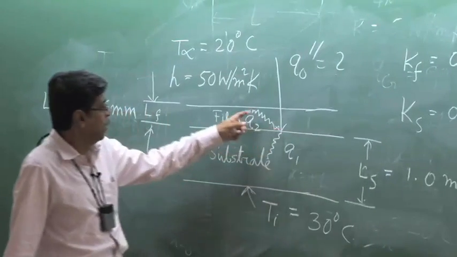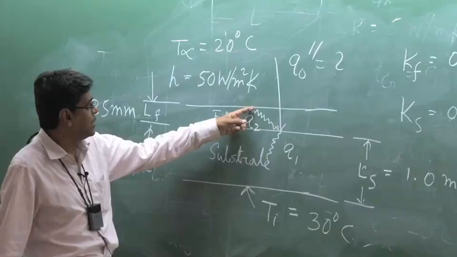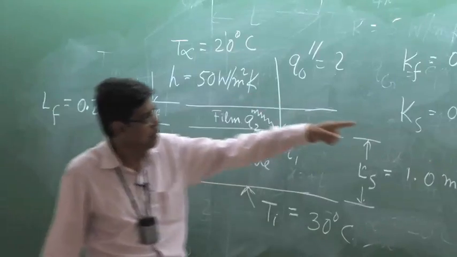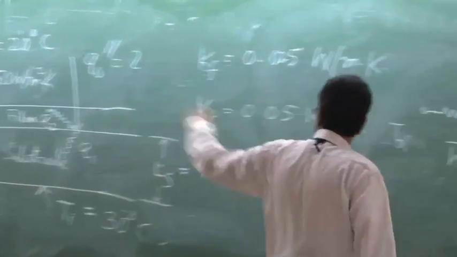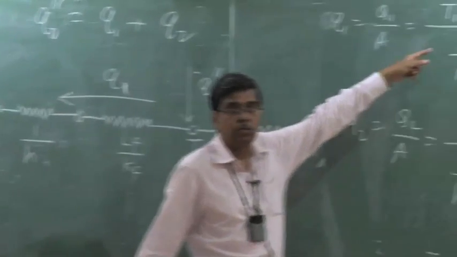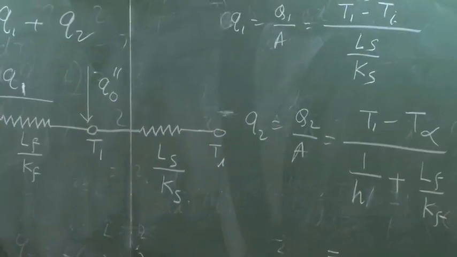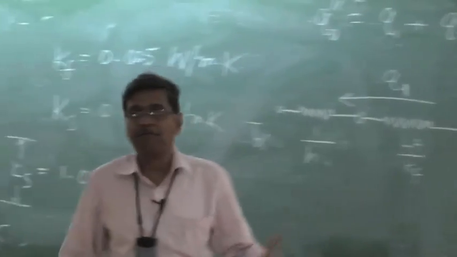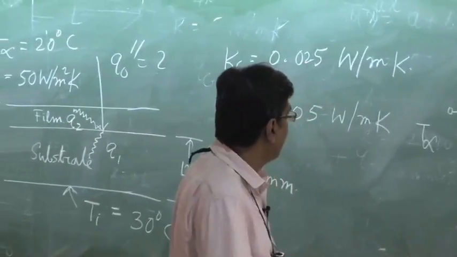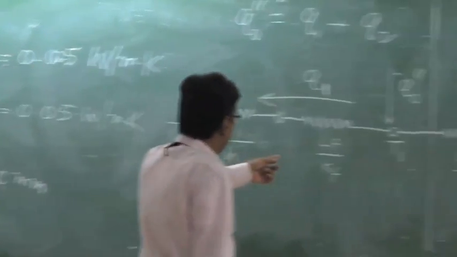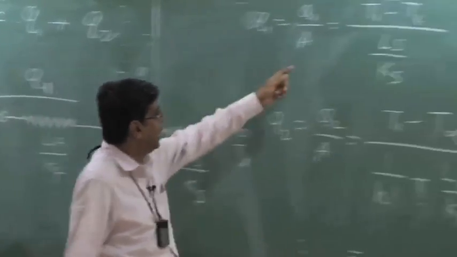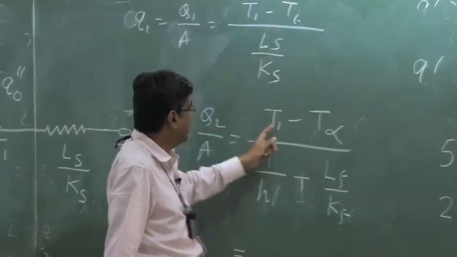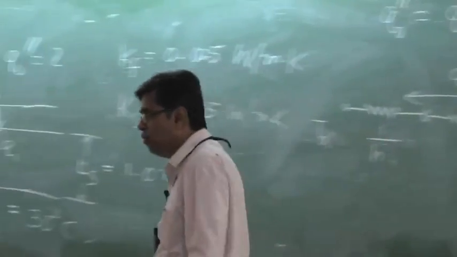That means the heat which is going through the film first crosses the conduction resistance of the film, then the convection resistance. And the heat which is going through the substrate goes only through the conduction, because the end surface temperature is given. So this is the electrical network. Therefore, you can find out both Q1 and Q2, because all these things are given: LF, KF, LS, KS, T1, Ti, T infinity, and you can find out the value of Q.